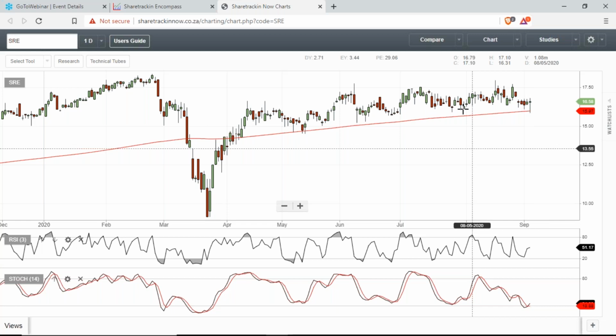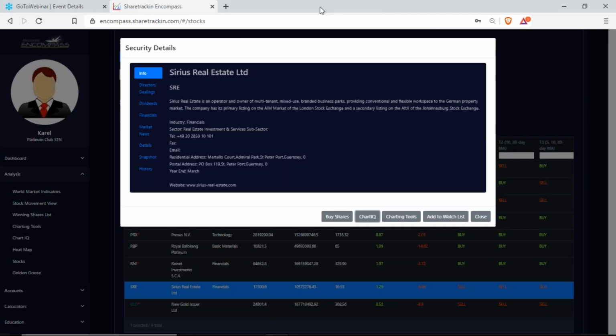I'm going to close that tab. It brings me back to my security detail window. Now it asks me: buy shares, chart IQ, I already looked at my charts, or add to watch list. So I'm going to say, add this to my watch list.